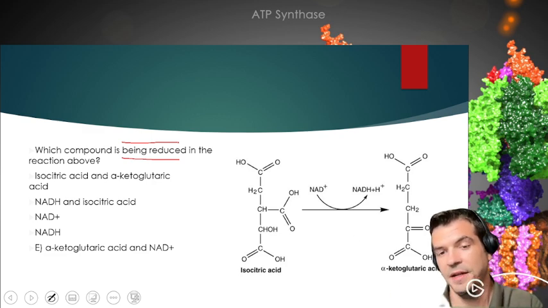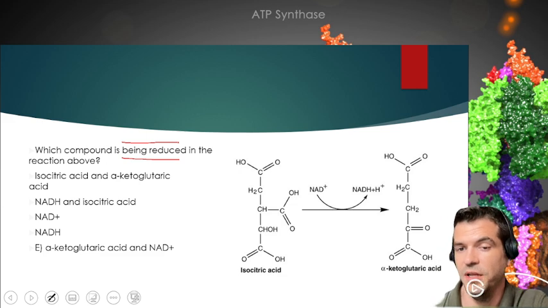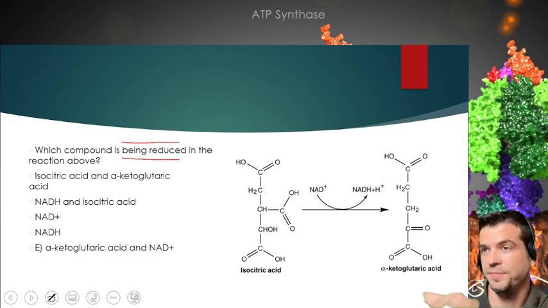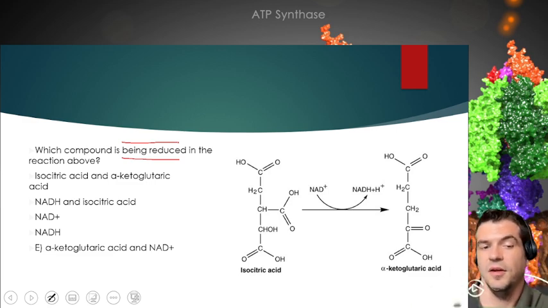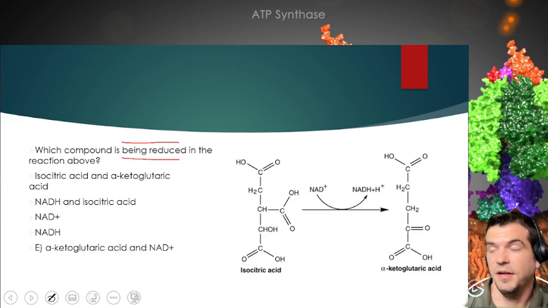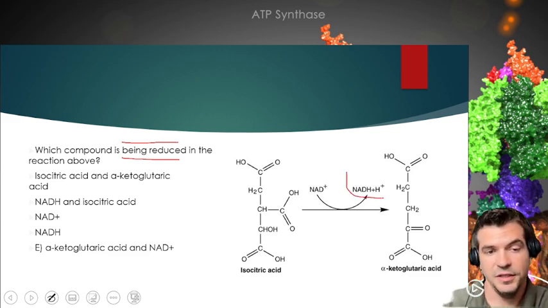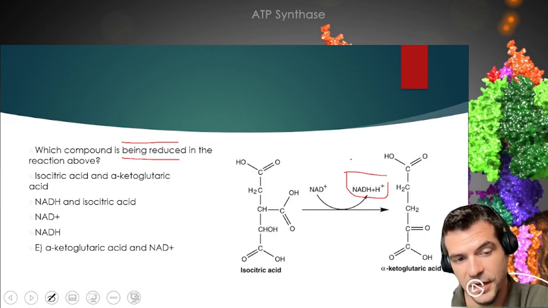Okay, so now that we know the question, what is going to end up reduced in this reaction, all right, we're going to say, okay, well, what got reduced, okay? So if this got reduced because of my hydrogen trick, then it is reduced, okay?